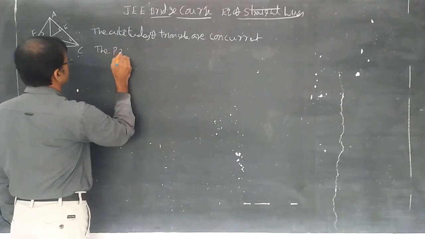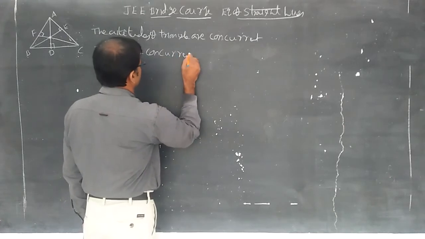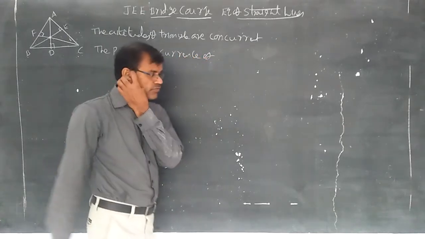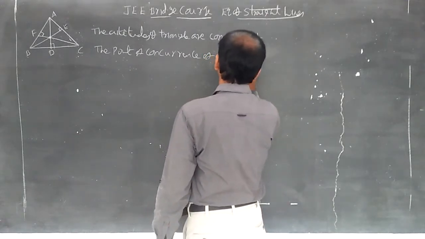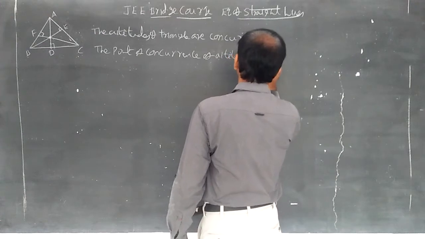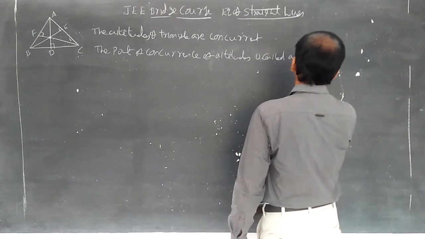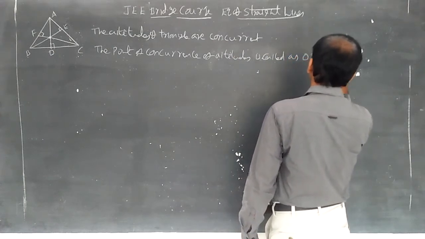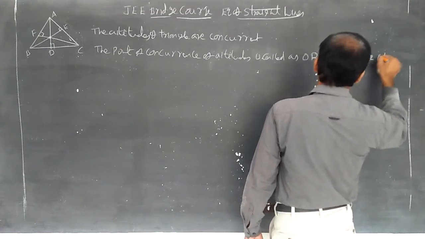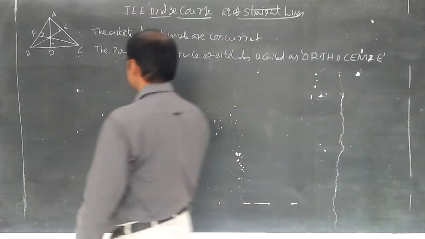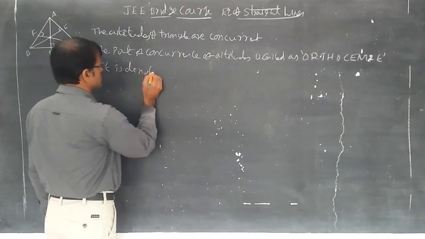The point of concurrence of altitudes is called the orthocenter.